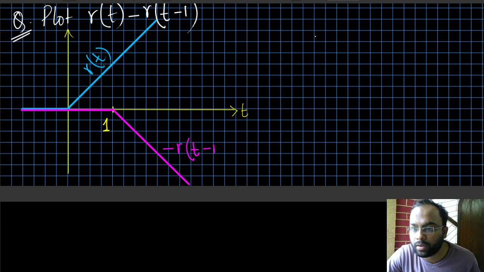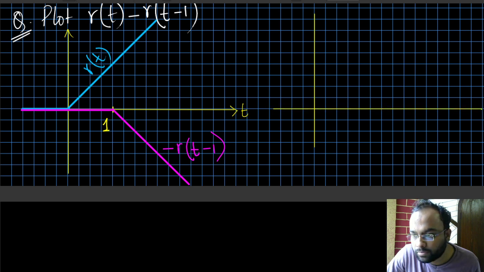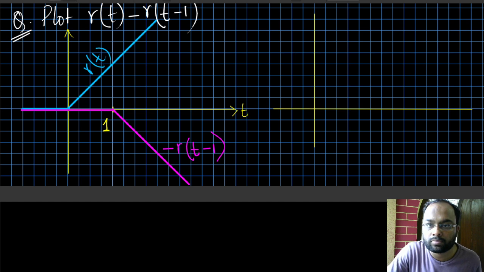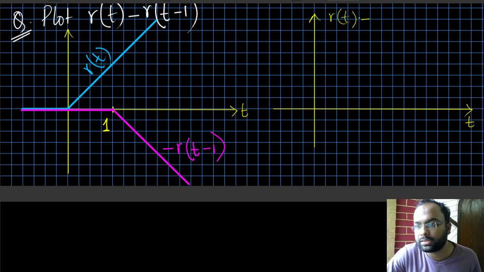Hold on. So right now we are plotting r(t) minus r(t minus 1).